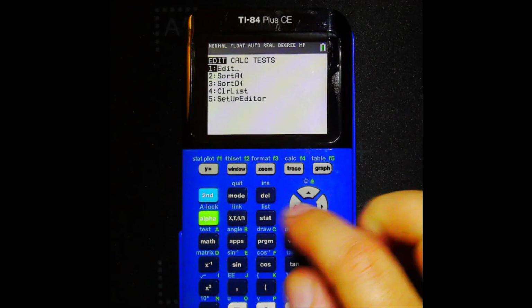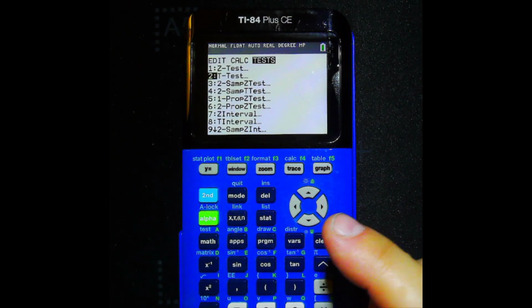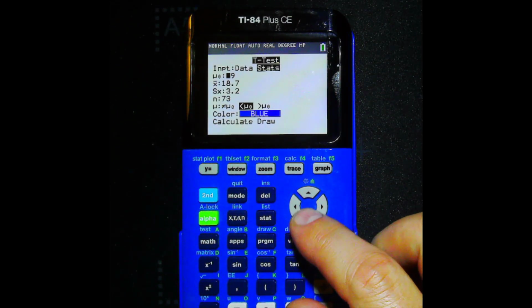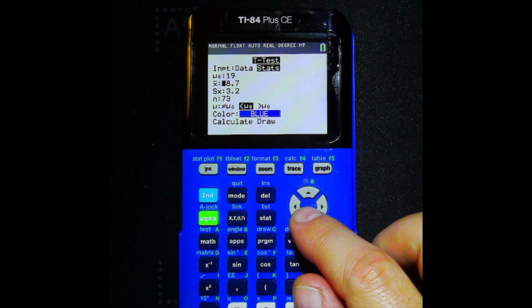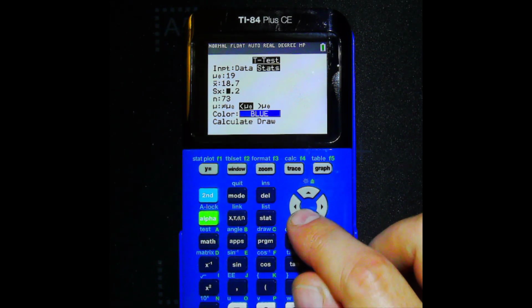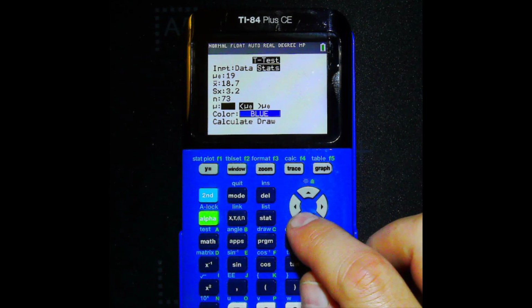We'll use stat, and then go over to the tests, and select the t-test again. In this case, the null hypothesis mean is 19, and the sample mean was 18.7. The standard deviation was 3.2, and sample size was 73.